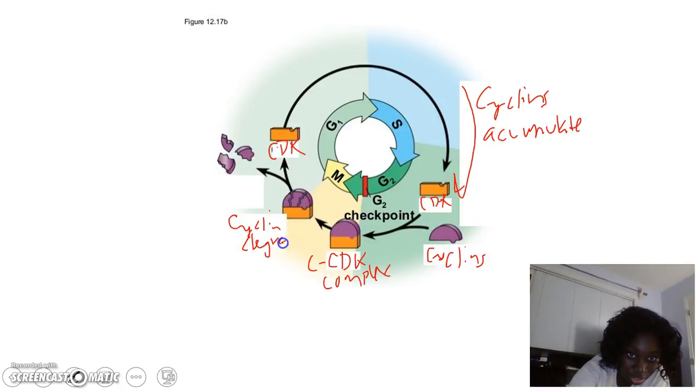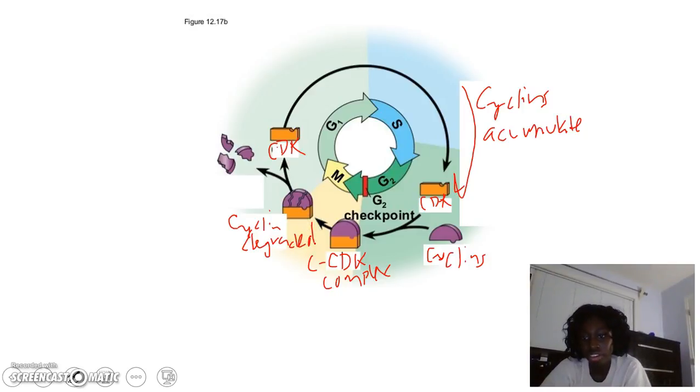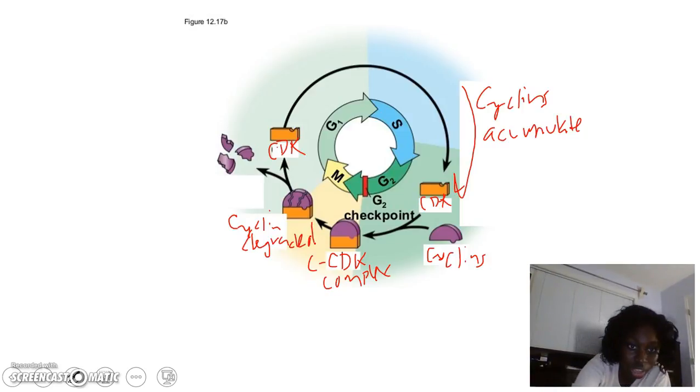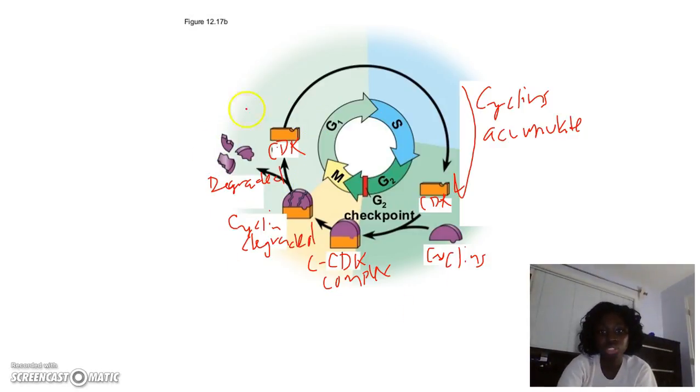And this is because mitosis has already occurred, the division of the cell has already occurred, and the cell is moving back into G1, where we earlier discussed that cyclins are not necessary, so cyclins will be degraded. You can see this accounts for the fluctuations of cyclin availability. So basically, synthesis of cyclin begins in late S phase.